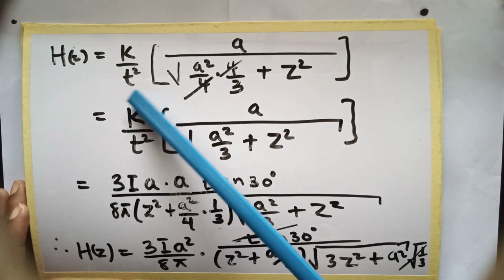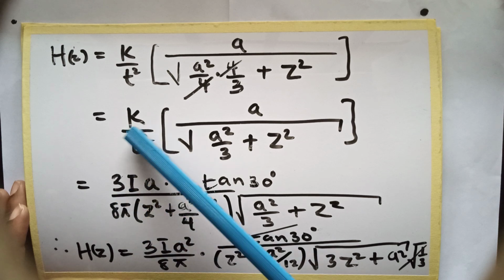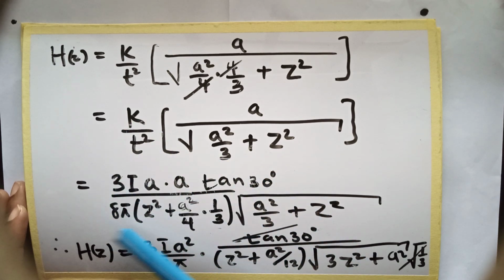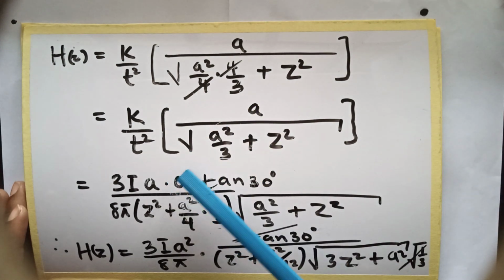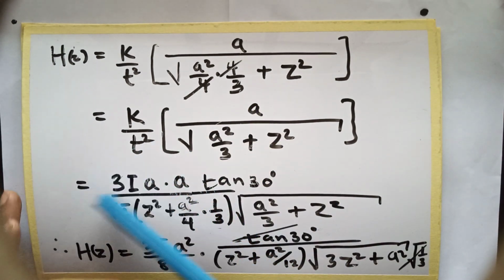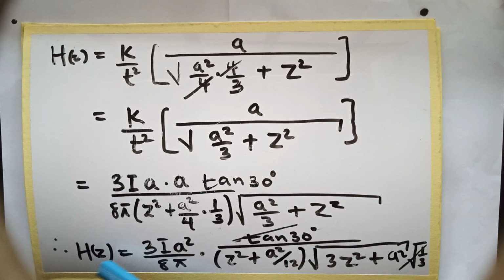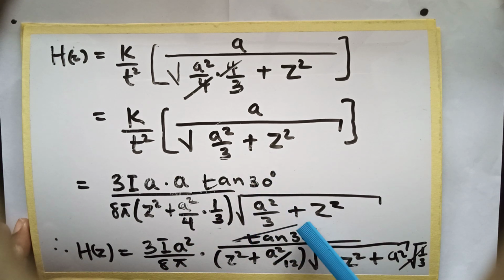Now, what is the value of our k and the value of our t squared? We'll bring them into this place and here. This a mod is this particular a, multiplied by the initial a that came with the k. From this point, we have our Hz equal to 3 i a squared all over 8 pi, then tan theta.